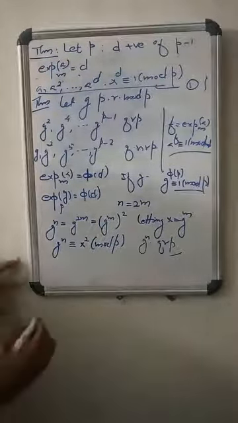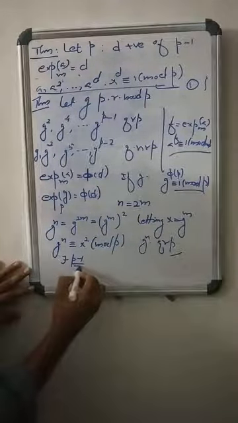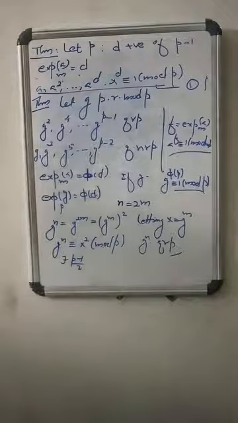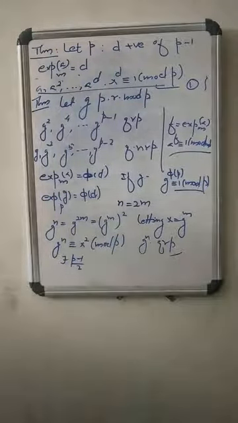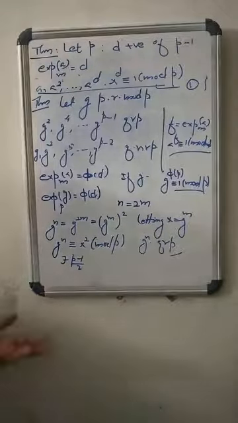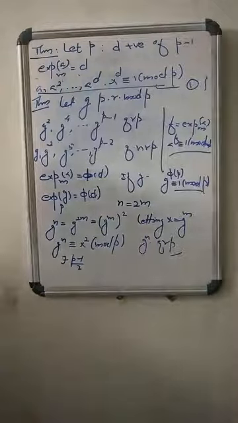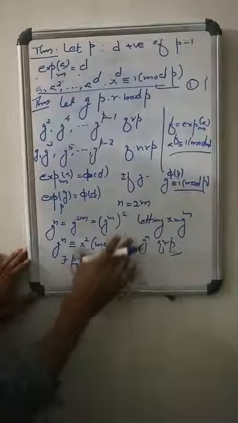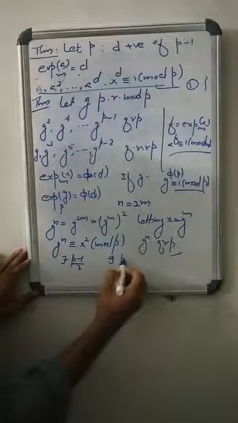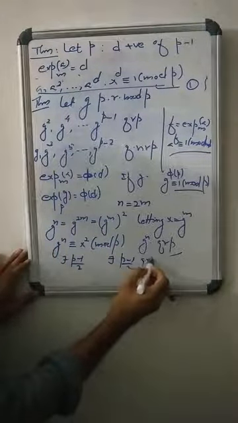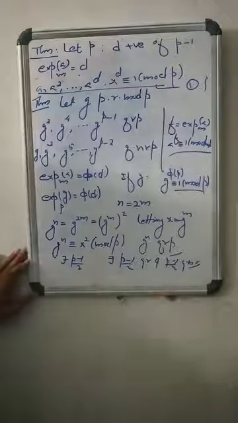But how many distinct even powers are there? There exist p minus 1 by 2 distinct even powers, namely g square, g power 4, etc., up to g power p minus 1 mod p, and they are all quadratic residues. But we know that there exist exactly p minus 1 by 2 quadratic residues and p minus 1 by 2 quadratic non-residues.